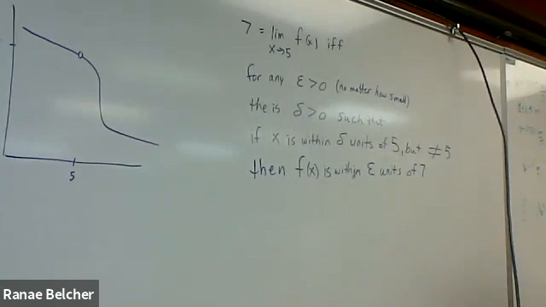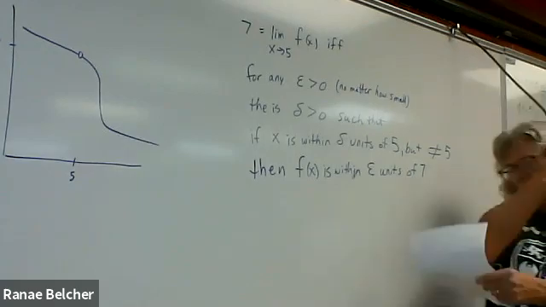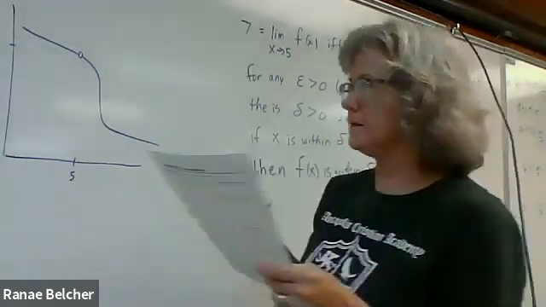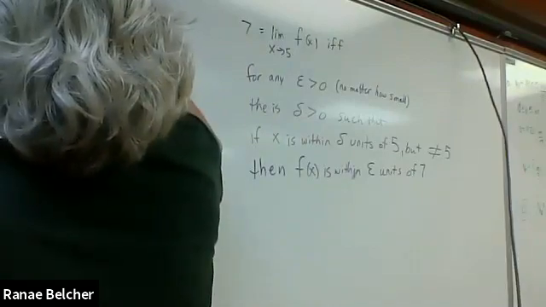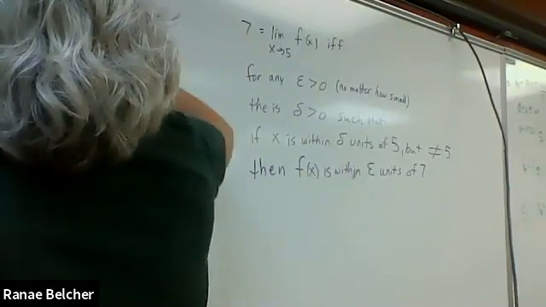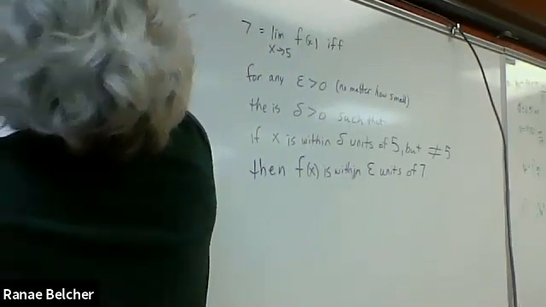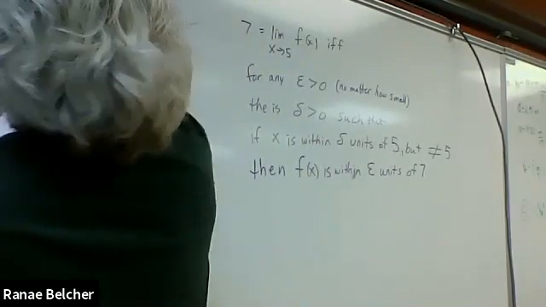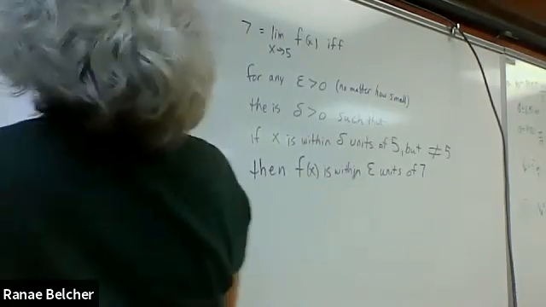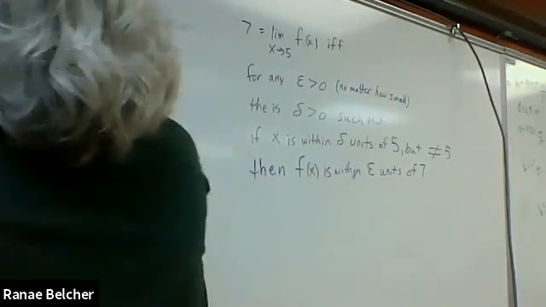So now it says that epsilon equals 1. From the graph, estimate how close to 5 on the left side x must be kept in order for f of x to be within epsilon units of 7. If epsilon is 1, we're going to go up to 8, because it's above the 8. Here's 8, and down here is 6.